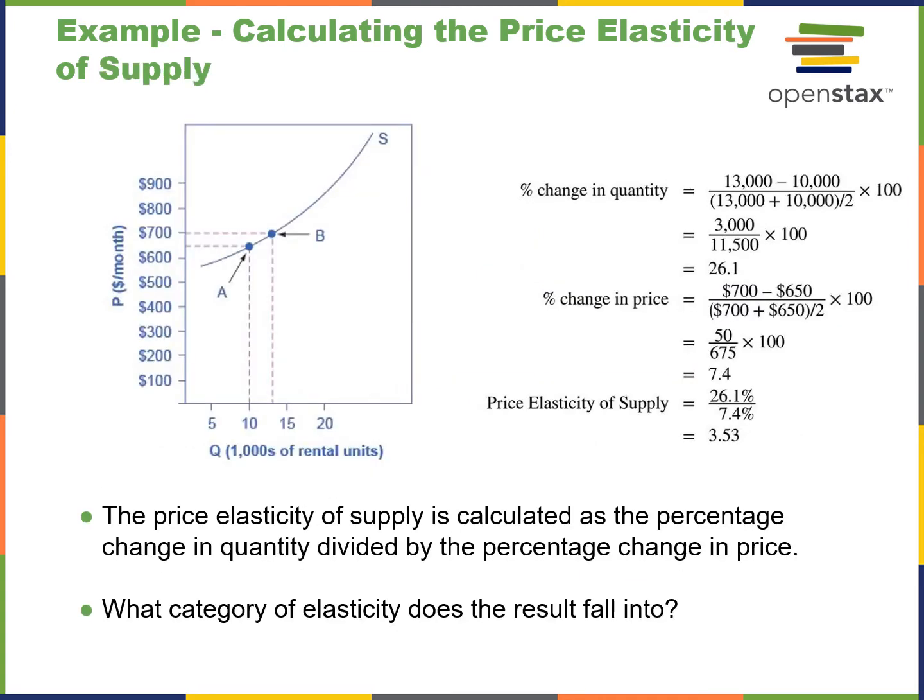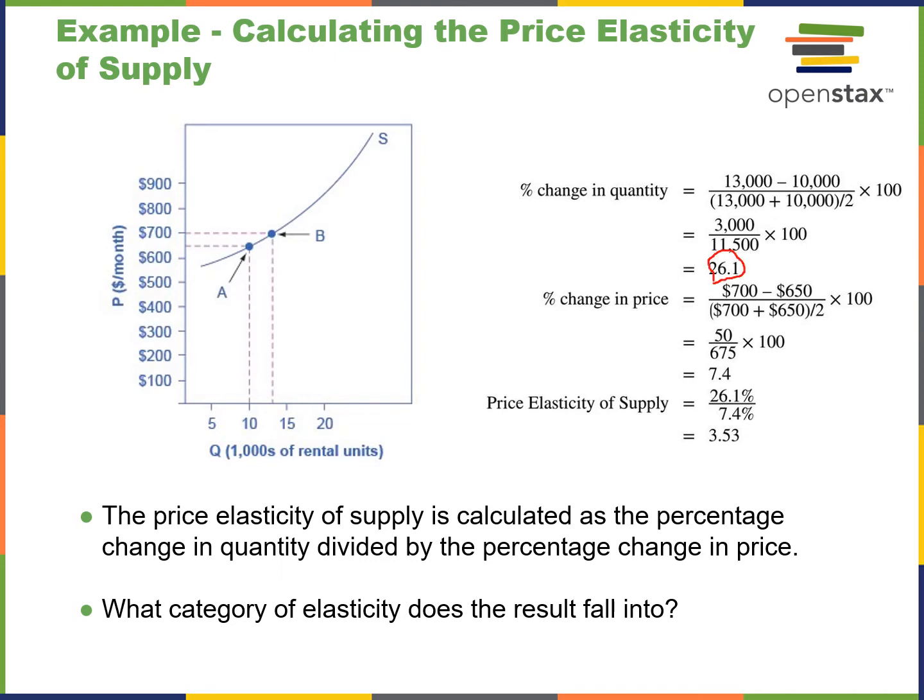This is an example of calculating price elasticity of supply. Once again, you have a different graph. They're talking about thousands of rental units and the price per month of that unit. We need to calculate what category of elasticity it falls into. Once again, the percentage change in quantity: you use the top number minus that number, add them together, divide by 2, and you get this as your percentage result.